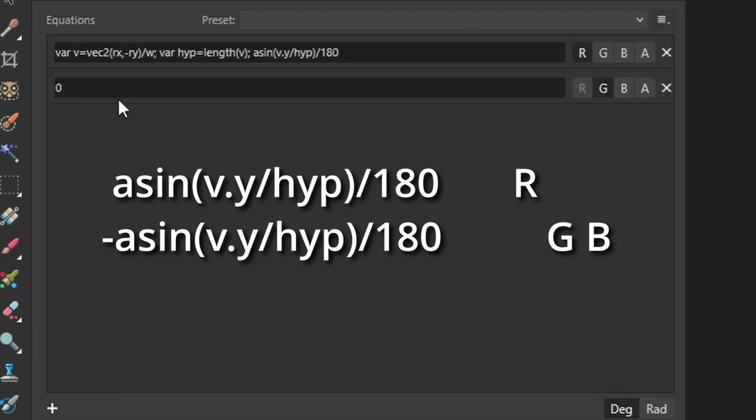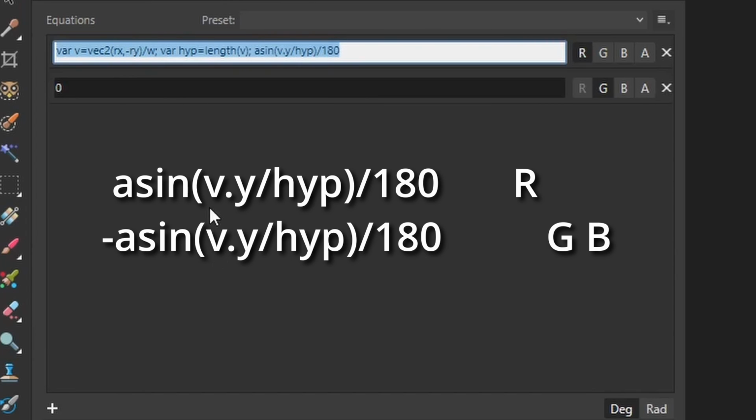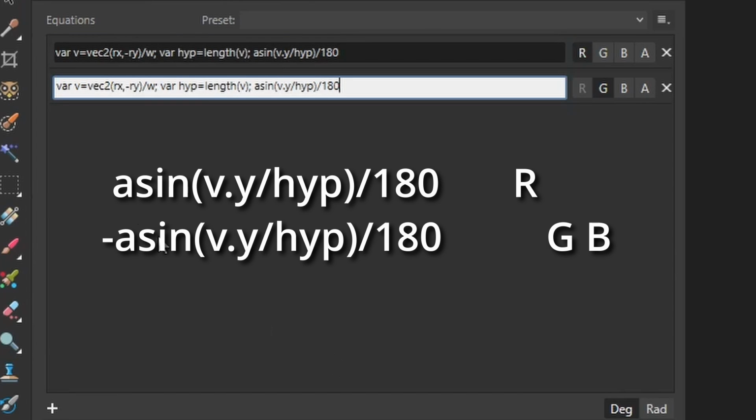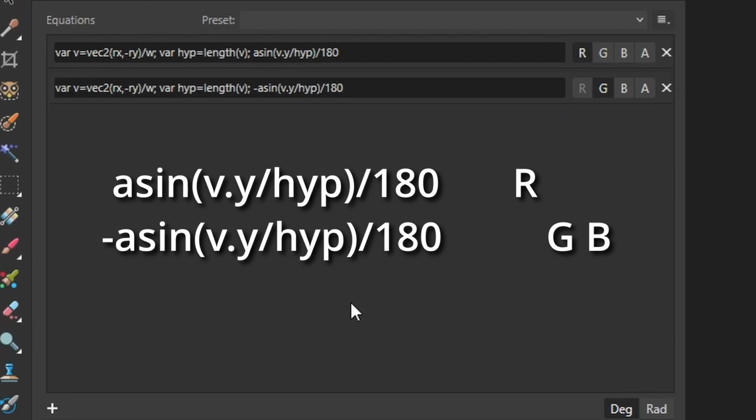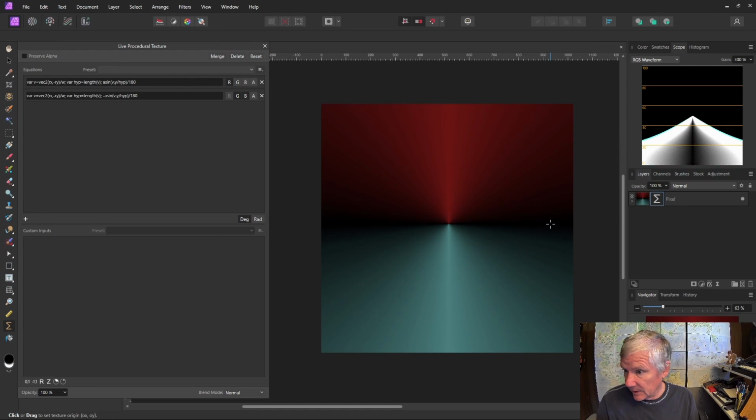So I'm going to add another equation, copy this, paste it down here, and I'm going to take the negative arc sine right here, and I'll assign that to a cyan color. And so this one is going up. Now you notice it's not very bright, so it really only goes up to 0.5. I could divide by 90, but this will actually work better.